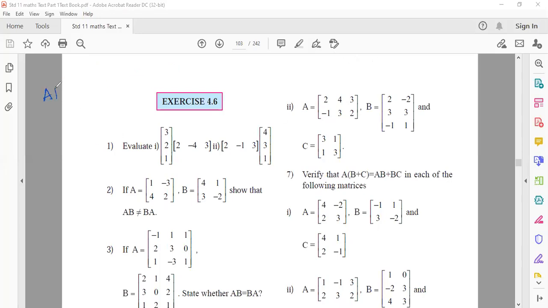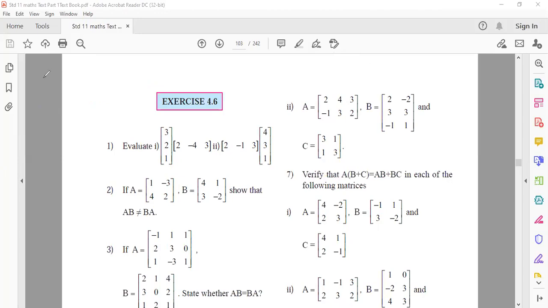Okay. Now the most important thing in matrix. If I multiply A into B and B into A, will it be equal or not equal? In some cases they will be equal, in some cases they will not be equal. So we can't say, it depends on the matrix. So you cannot generalize and say that whenever I multiply A and B and B and A, they will be equal.